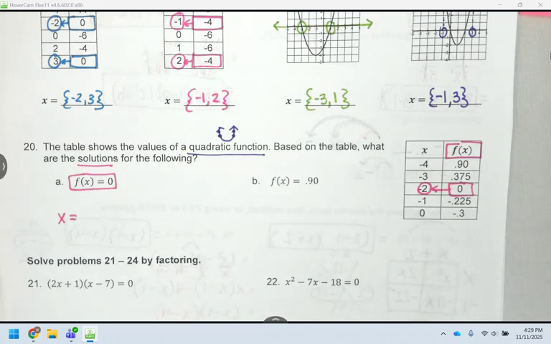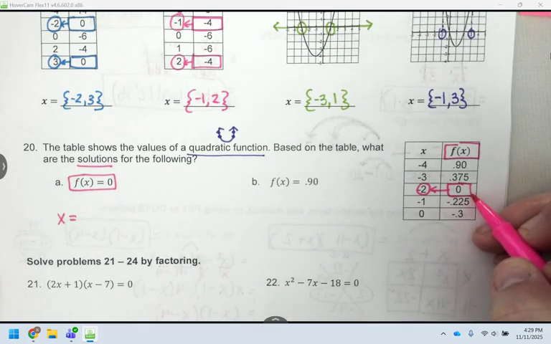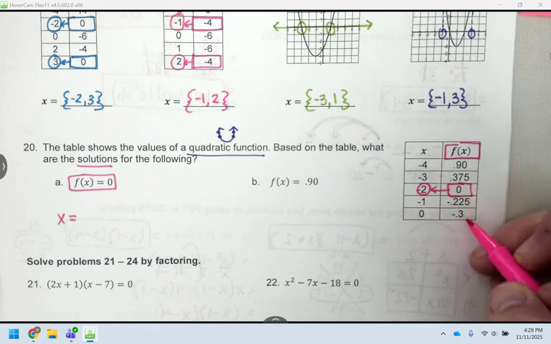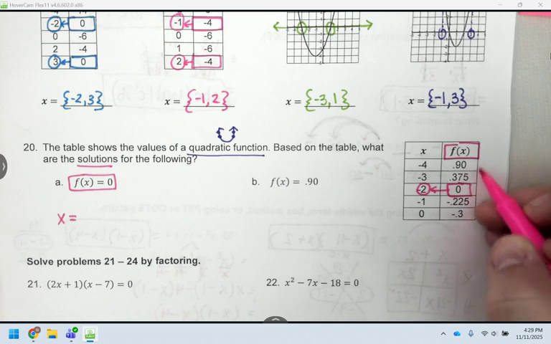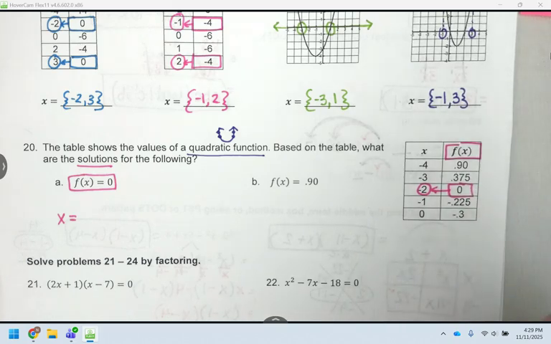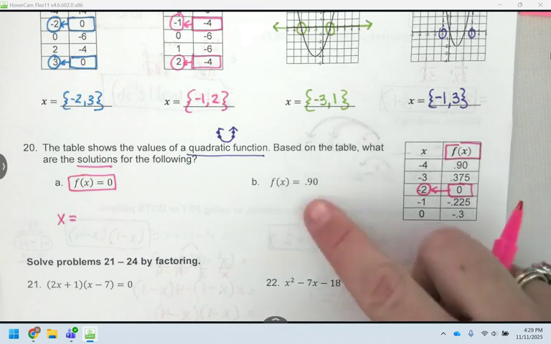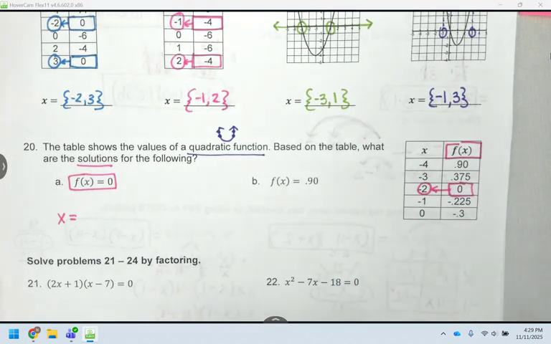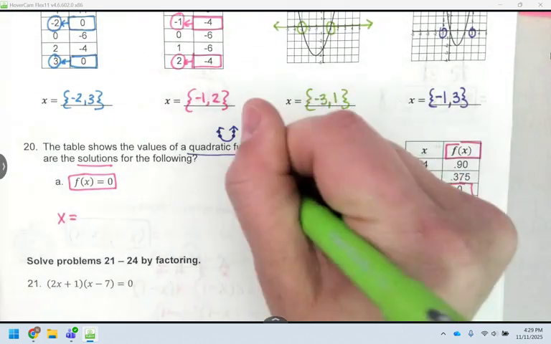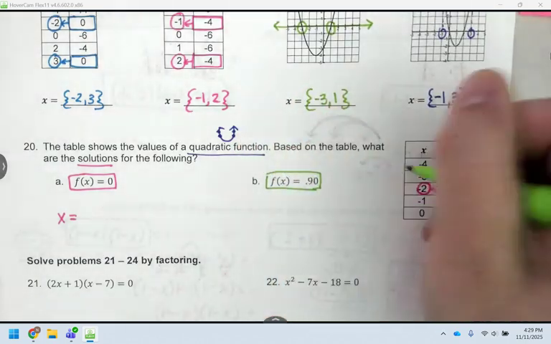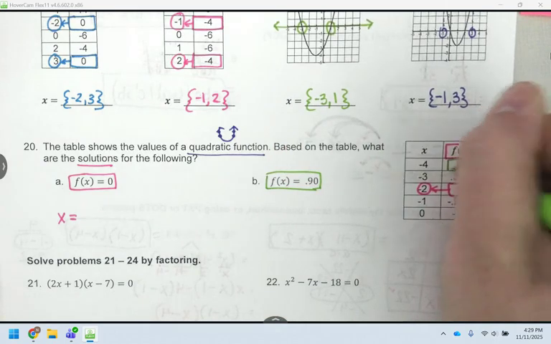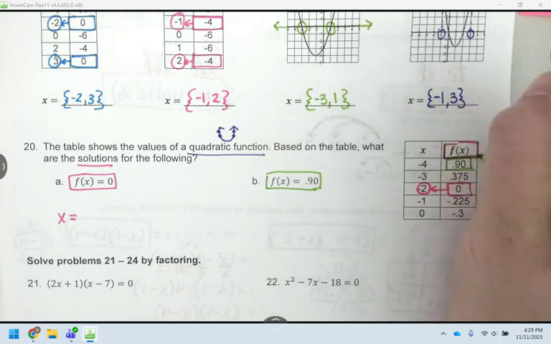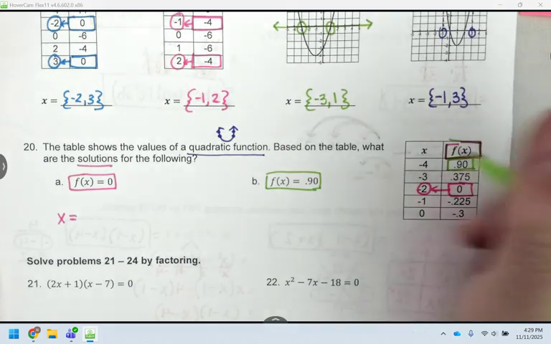That's interesting. All right, well, it's going up and it's going down. I wonder what this looks like. Let's move on to this one and see. So what about when f of x is equal to 0.90? Well, that's this one.